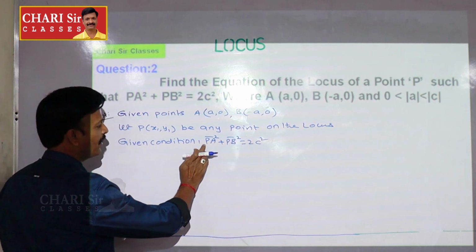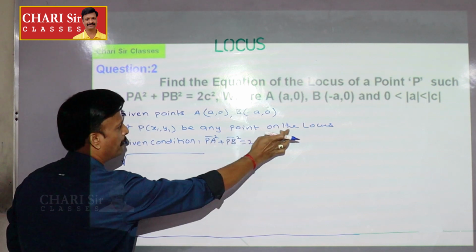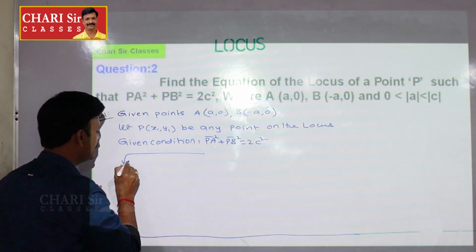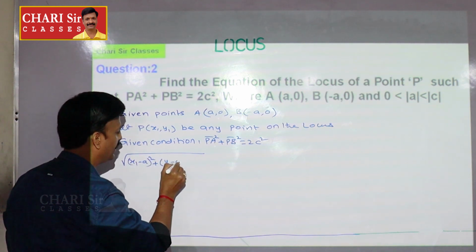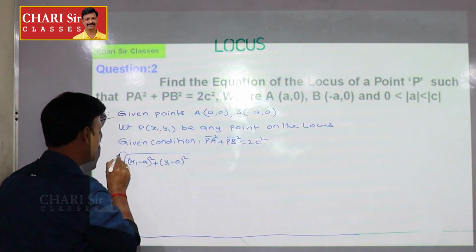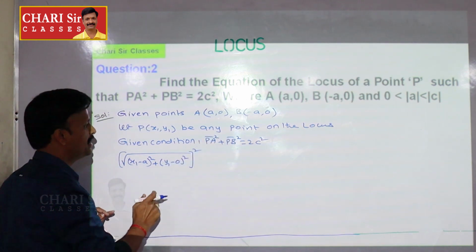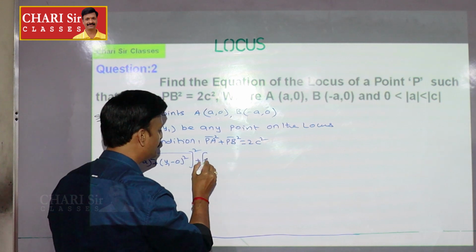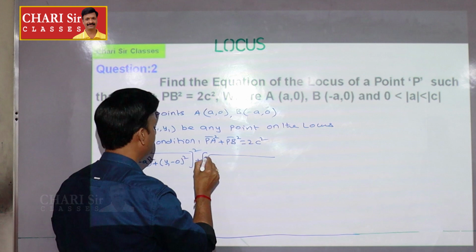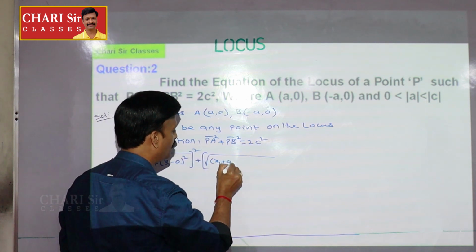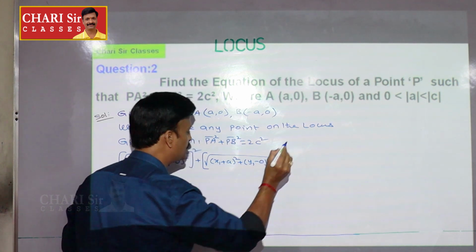Now let's put the points P and A in this. So what is PA? That is the root of (x1 minus a) whole square plus (y1 minus 0) whole square. For this again whole root and whole square, because PA bar square. Now PB square, that is square root of (x1 plus a) whole square plus (y1 minus 0) whole square, that is whole square.